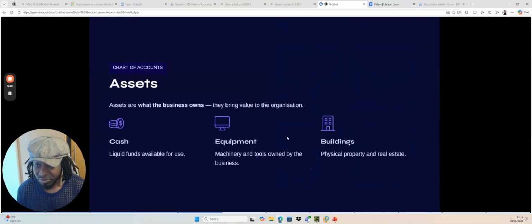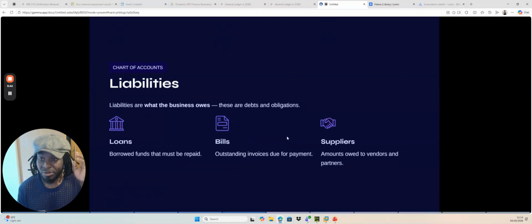Within these charts of accounts, like I said, you had assets, which can be cash, funds that are available to use anytime, equipment, machinery, tools, and buildings, just to name a few. These are your assets. Your liabilities could be the loans you've taken, the bills, outstanding invoices that you need to pay, or amounts that you owe to your supplier.